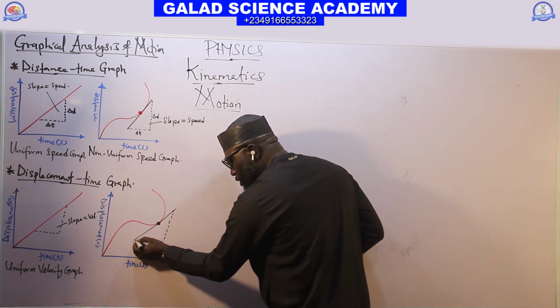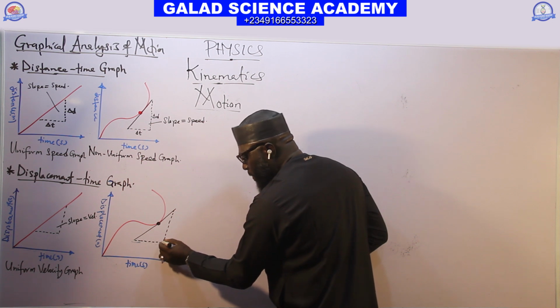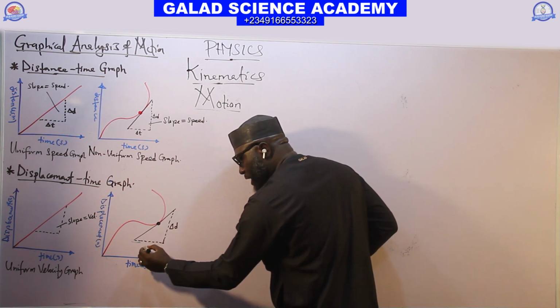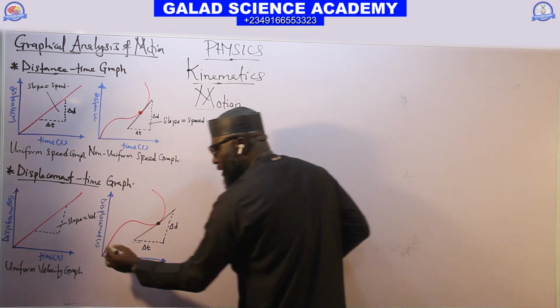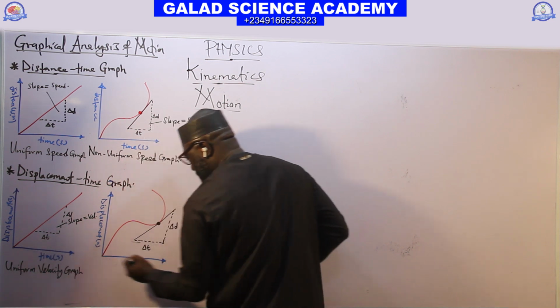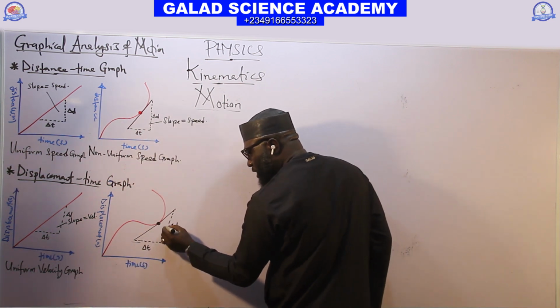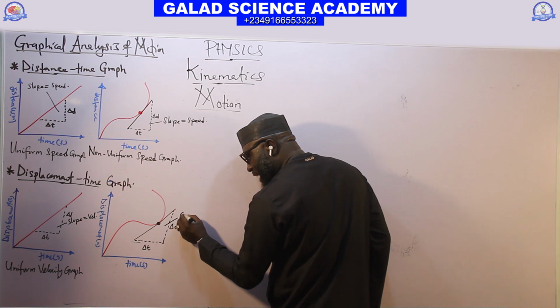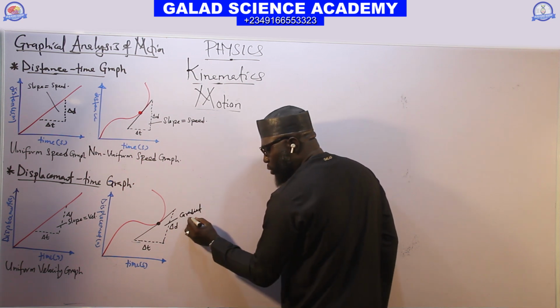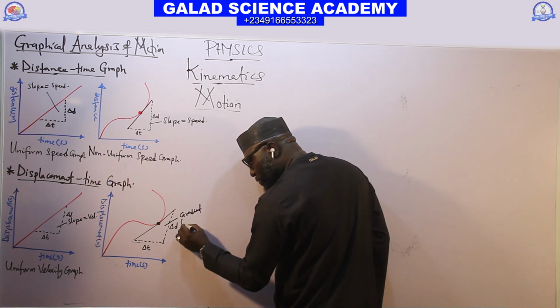So if you trace the curve in this form, this is the change in displacement, and here is the change in time. Likewise, change in d and change in time. So if you now look at the gradient here, gradient is the same thing as the slope, it will give us velocity.